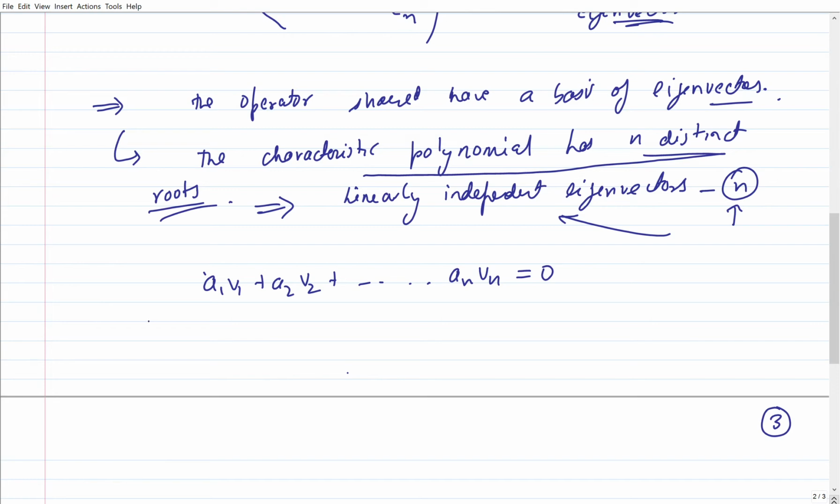So I apply the linear transformation T, and since these were eigenvectors, that gives me C1 is the eigenvalue. Applying T yields A1 C1 V1 plus A2 C2 V2 up to AN CN VN equals 0.